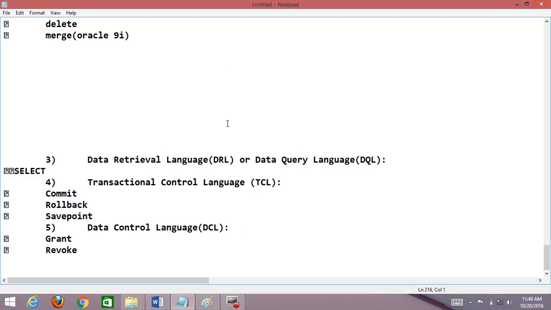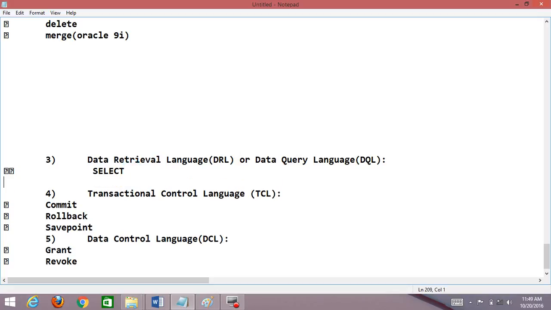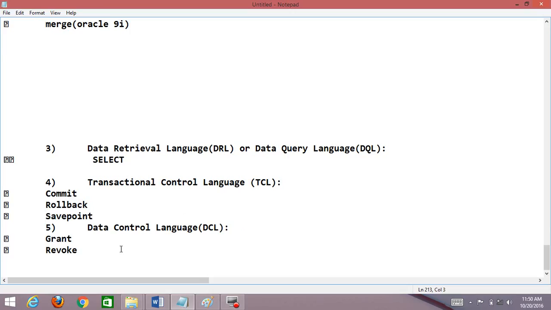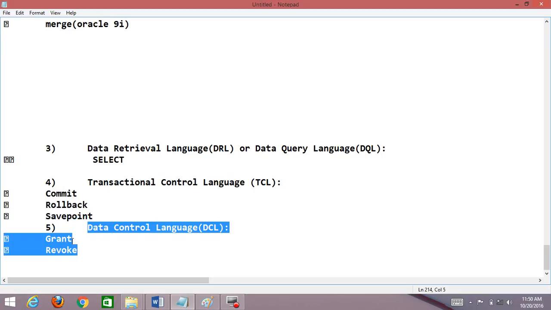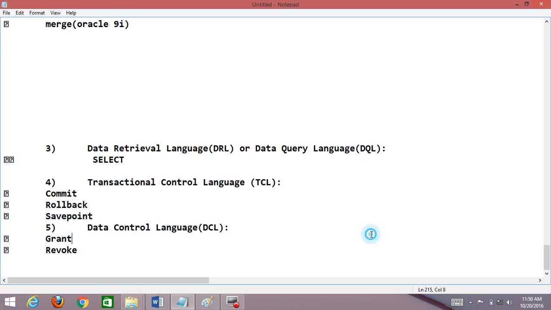Data retrieval language and data query language: only the select command is used. Fourth is transaction control language, TCL: commit, rollback and savepoint. And DCL: grant and revoke.